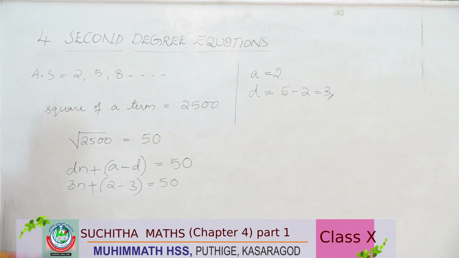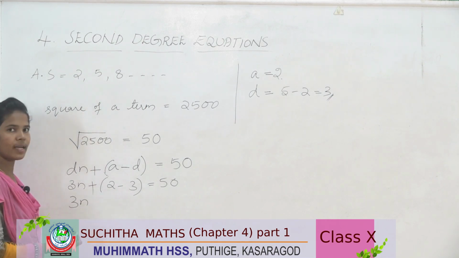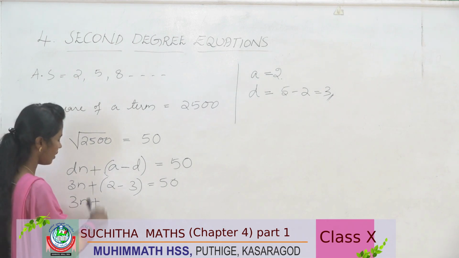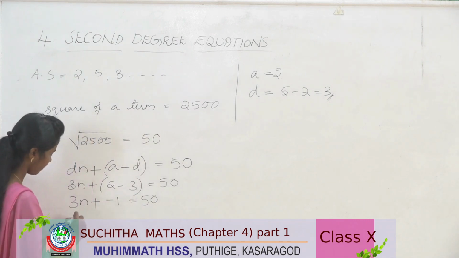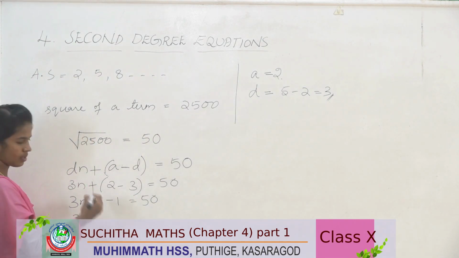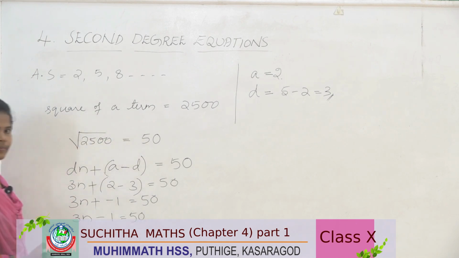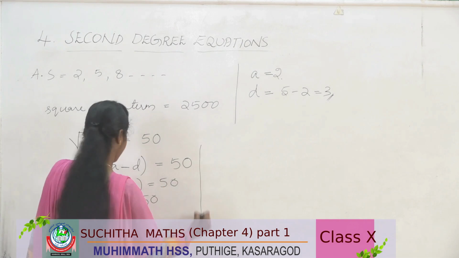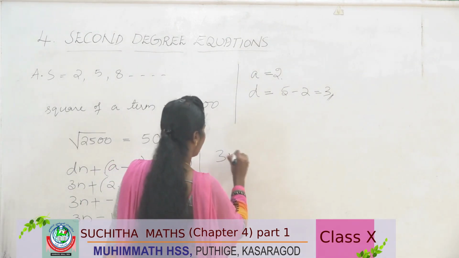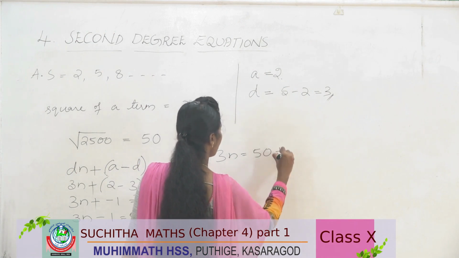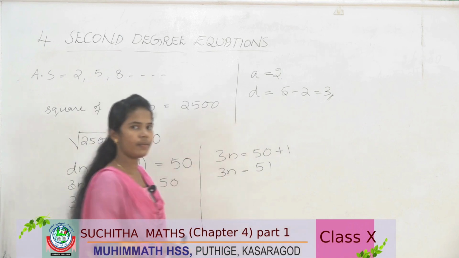That is 3n plus 2 minus 3. 2 minus 3 is minus 1, so 3n plus minus 1 equals 50. 3n minus 1 equals 50. Therefore 3n equals 50 plus 1, that is 3n equals 51.